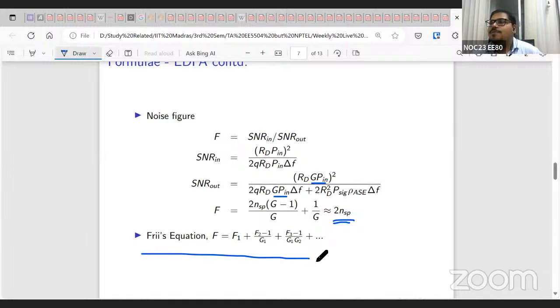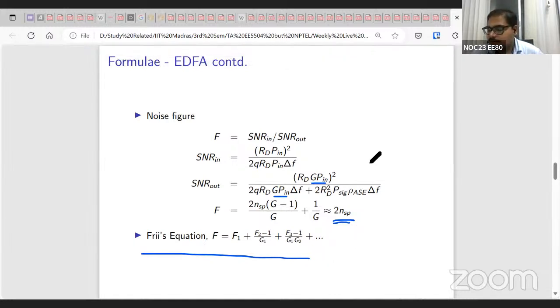So when you first receive a signal, the first electrical block that you use is always a low noise amplifier.